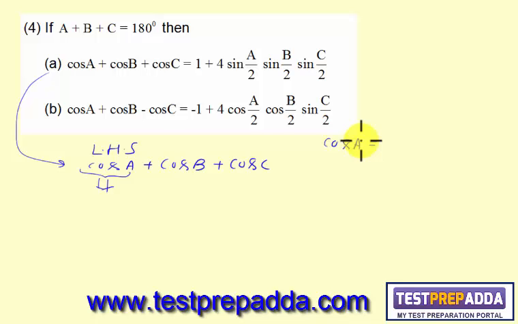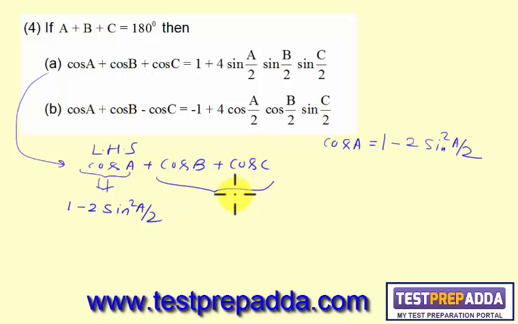Which one do I need to use here? I want plus 1, so I'll use here 1 minus 2 sin square A by 2. Substitute here 1 minus 2 sin square A by 2.